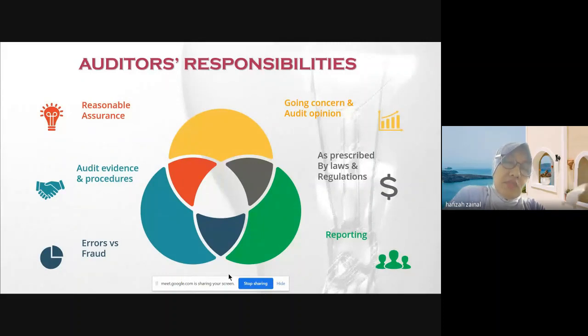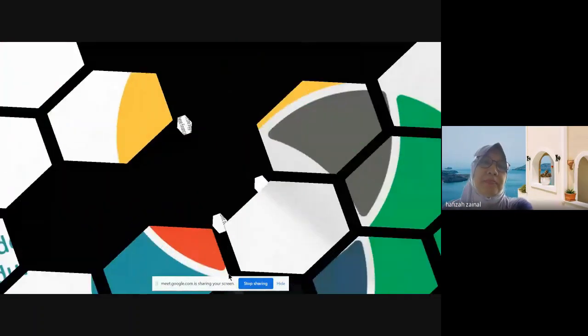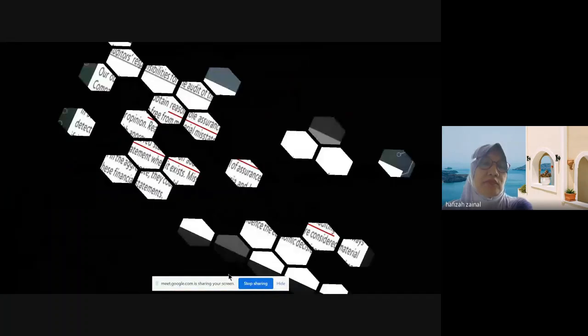If you do the statutory audit, you will come across this particular Form 49, whereby when they want to do the submission to the Companies Commission, they have to follow certain standards. So these are in terms of auditor's responsibility. Any questions so far?